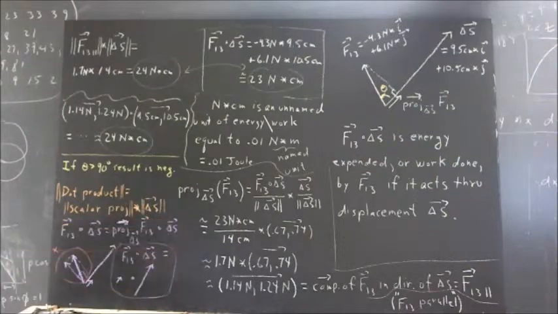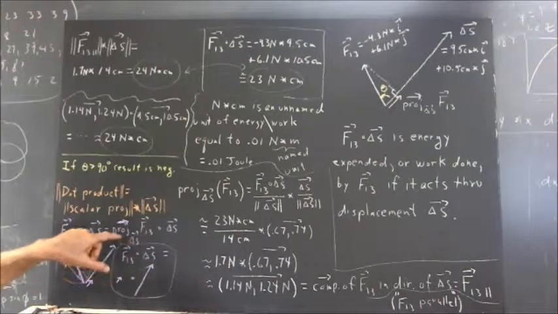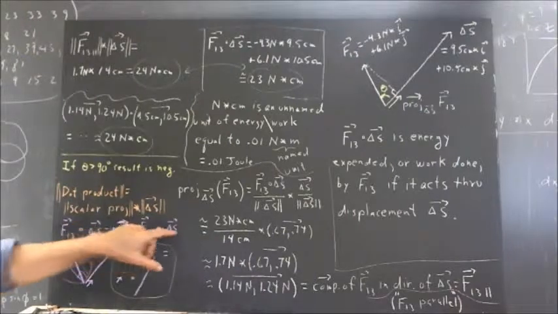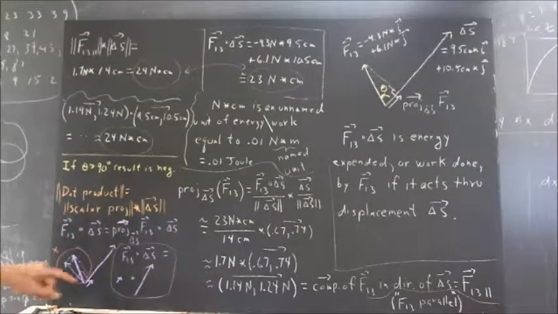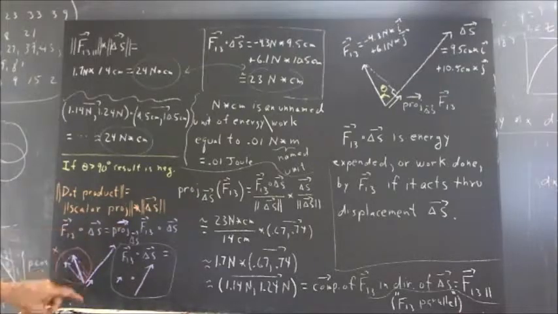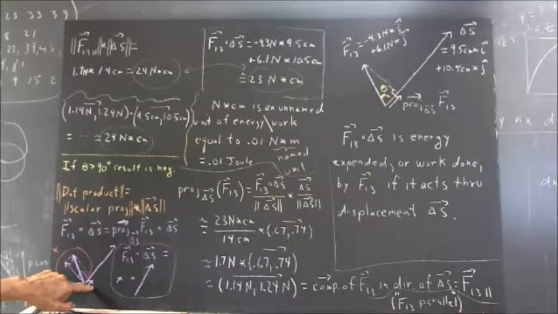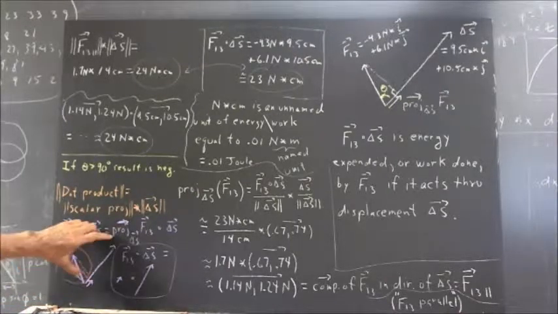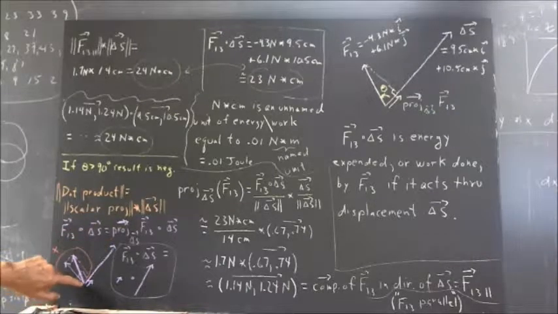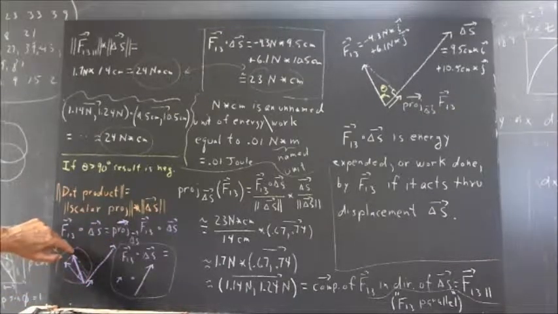And then there's a picture that goes with this. Taking the dot product of our projection with our delta S means, well, here's our F13, here's our delta S, here's our vector projection. So the dot product of this with this gives us the same thing as the dot product of our original vector with our delta S.